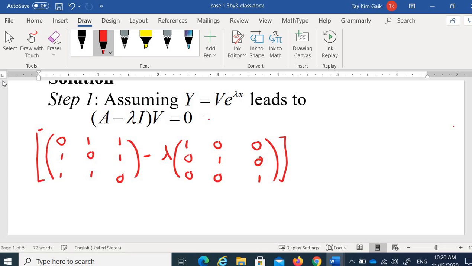Multiply it with your vector v, where the vector v is x, y, z, so equal to the 0 vector.